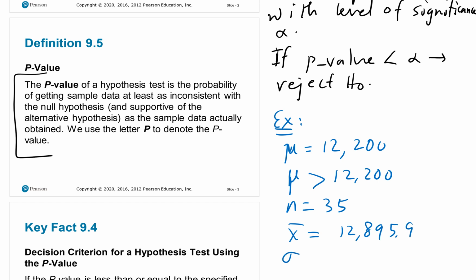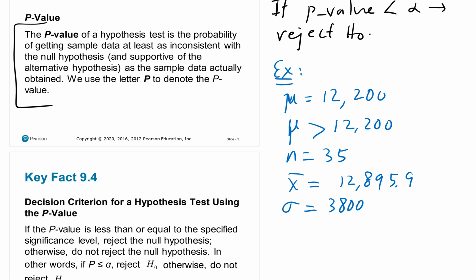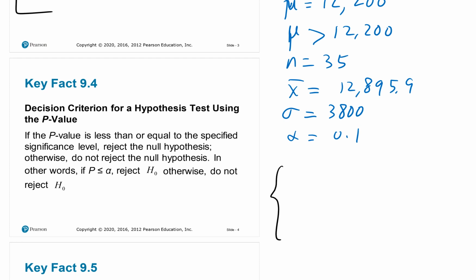Assume that the population standard deviation is 300 miles, and that Patricia wants to test the claim at alpha equals 0.1 level of significance using the p-value. So again, the first thing we do is set the hypotheses. H0 is always mu equal mu 0, which is 12,200. Mu bigger than mu 0 is this.